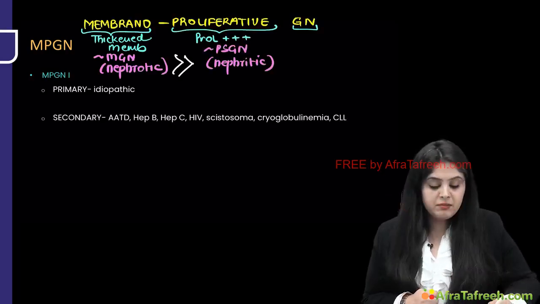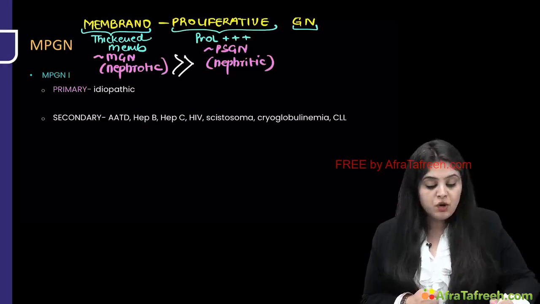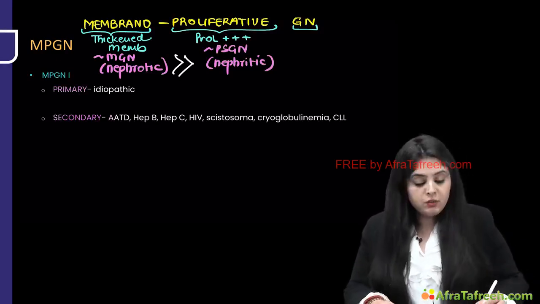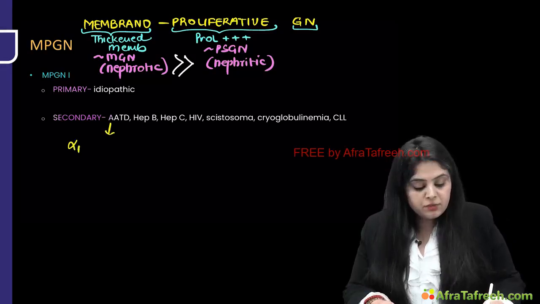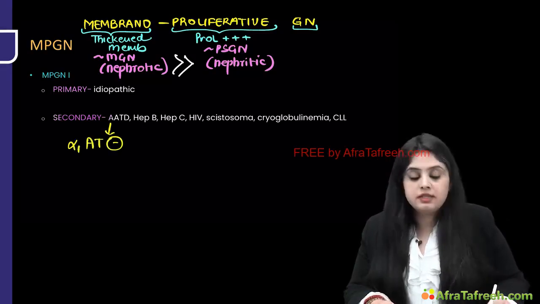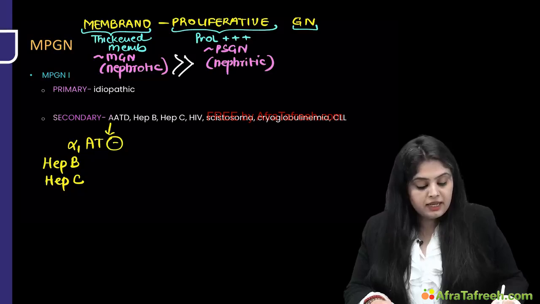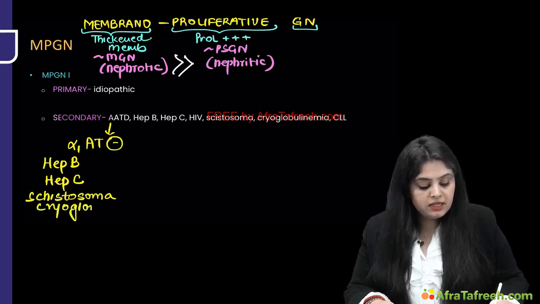Usually it can either be primary, good for me, I don't know the cause, or it can be secondary. And what all do I have in secondary? Alpha-1 antitrypsin deficiency can result in it. Hepatitis B can result in it. Again, hepatitis C and B are coming. Other than that, schistosoma can cause it, cryoglobulinemia can cause it, and CLL can cause it.